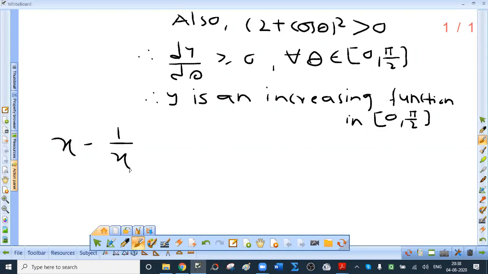I repeat the sum. Show that the functions like tan x, log x, x minus 1 upon x do not possess extreme values.